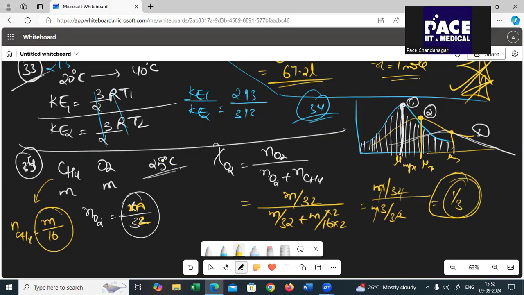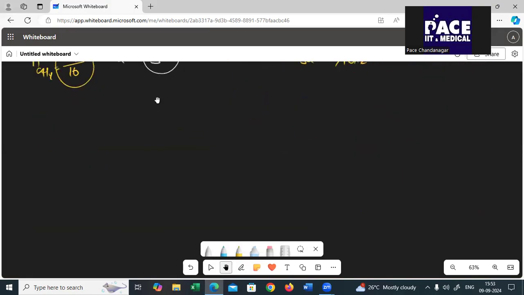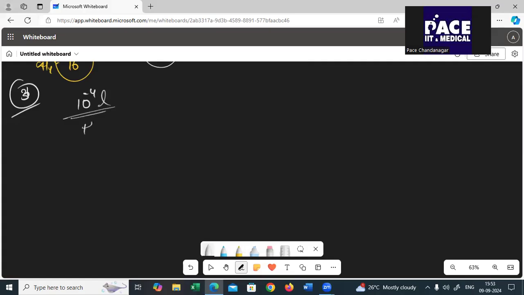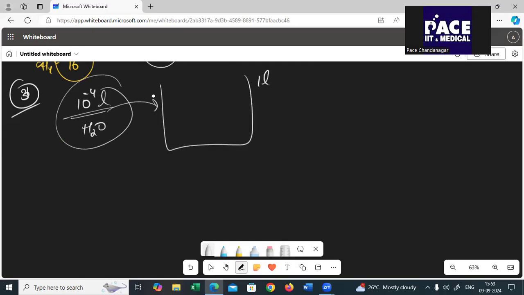Next, coming up with 36, the question there, 10 power minus 4 decimeter cube. One second, I will scroll on. Last two more questions. 10 power minus 4 decimeter cube is nothing but liters. 10 power minus 4 liters of water is introduced into a 1 liter flask at 300 Kelvin.